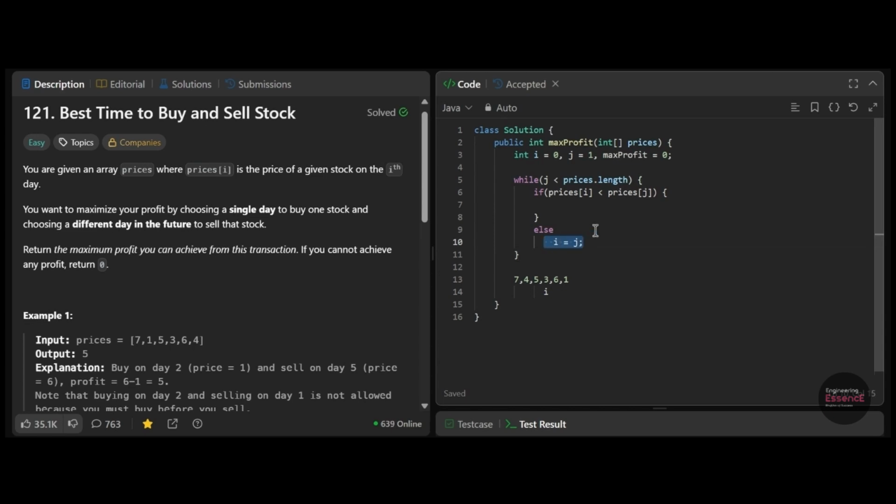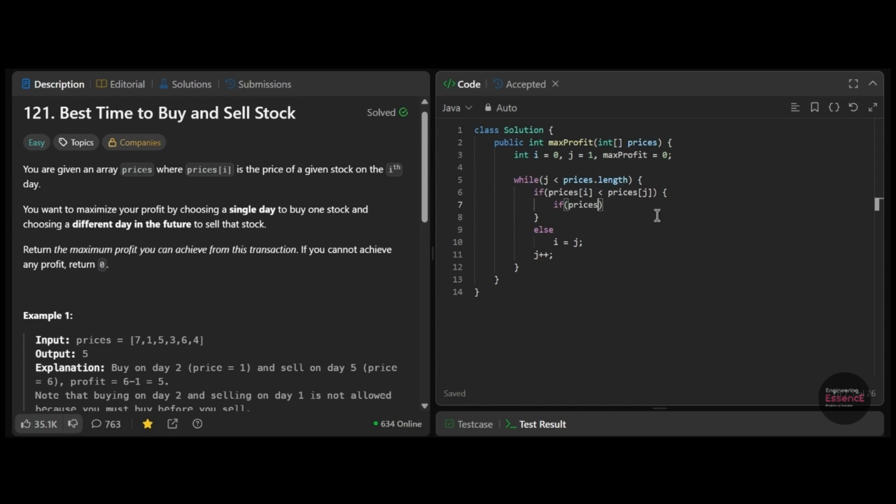Okay, and we will continuously increase our i and j index. So I'm going to remove this one. In this condition we will check whether our profit is greater than the previously got max profit or not.